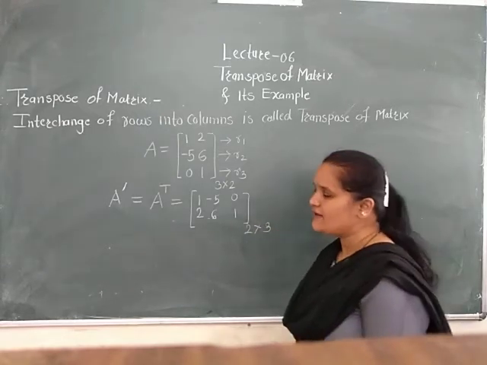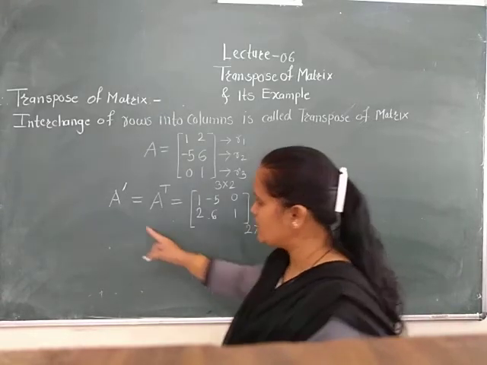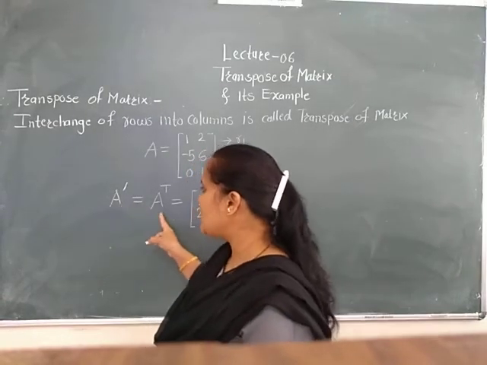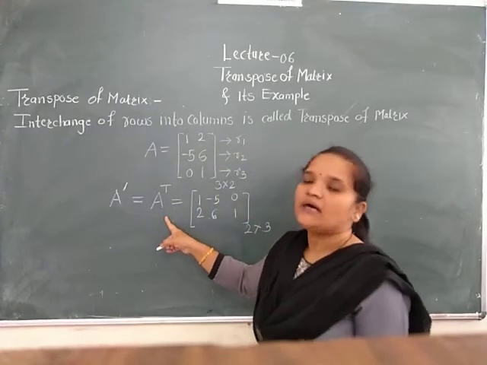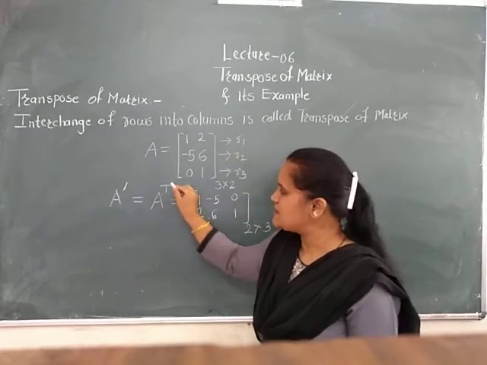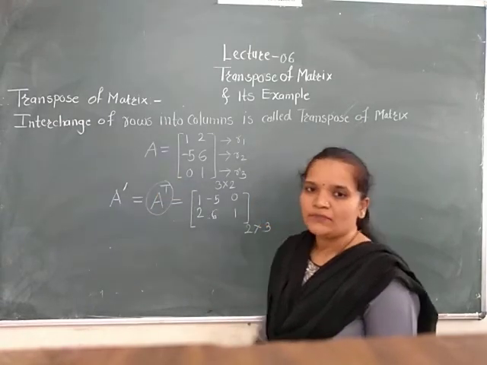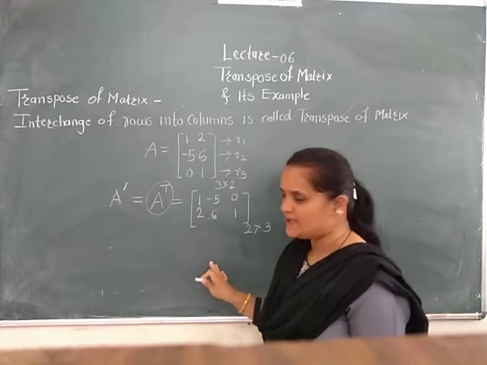So in this way we can take the transpose of a matrix. This is the notation for A dash or A transpose. It is read as A to the power t, which means the transpose of the given matrix A. So I hope you understand this.